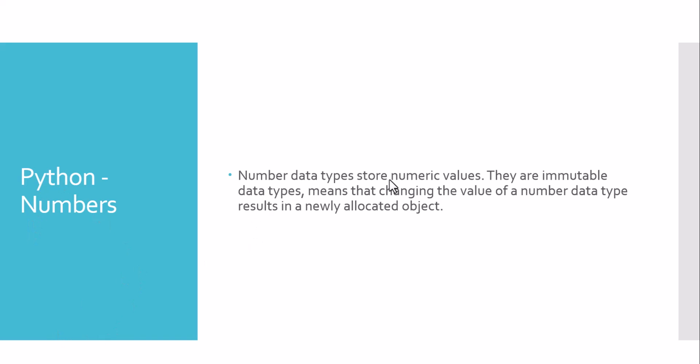Number data types store numeric values. We already saw that number data types store numeric values. They are immutable data types, which means that changing the value of a number data type results in a newly allocated object. Mutable means we can change the value in place. Immutable means that when we change it, the value does not change, and instead one new object is created.